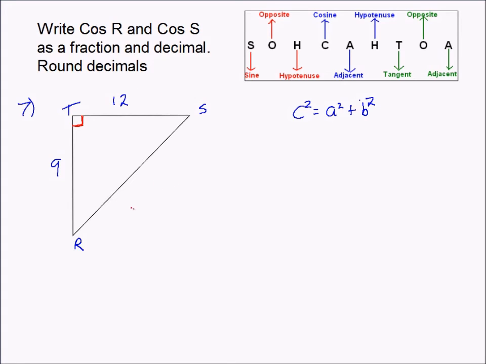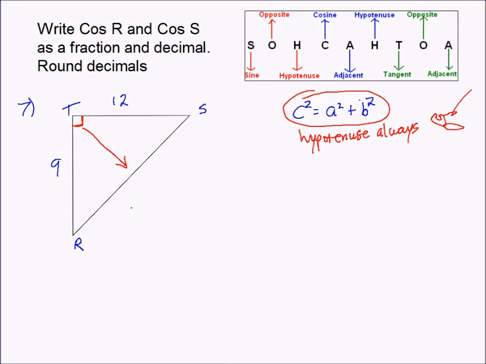Okay? And then finally, we're going to write cosine of R and cosine of S as a fraction and a decimal. First and foremost, we do not know what the hypotenuse is. We need the hypotenuse. Remember I told you, for the hypotenuse we're going to need the Pythagorean theorem. So the hypotenuse is always C. So now I have C squared equals 9 squared plus 12 squared.